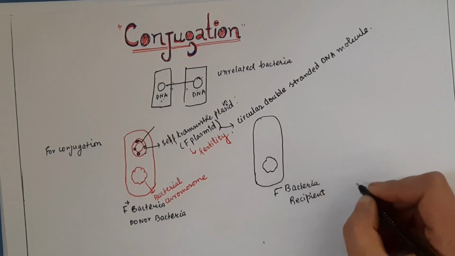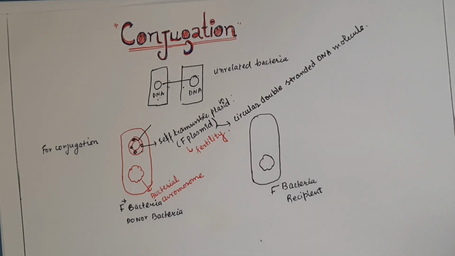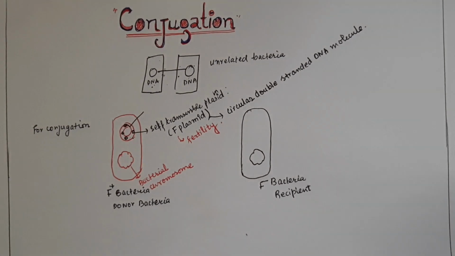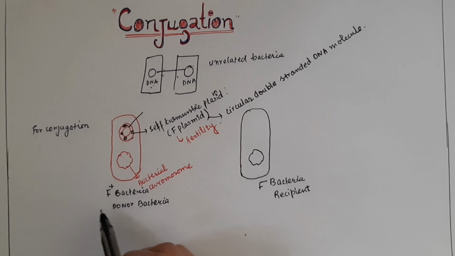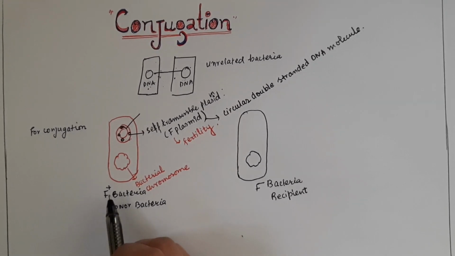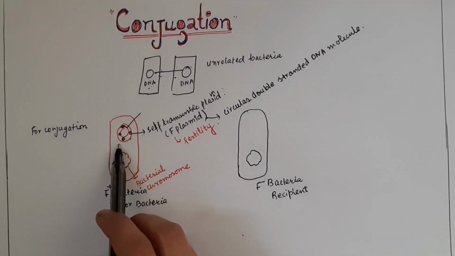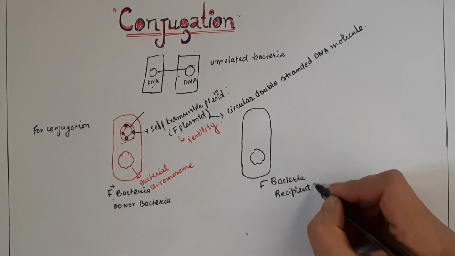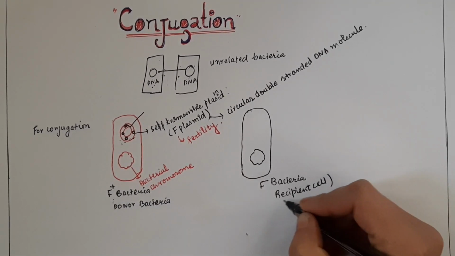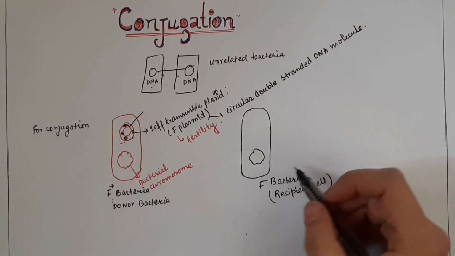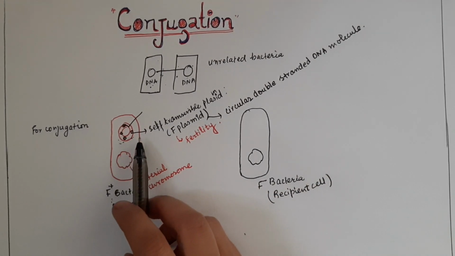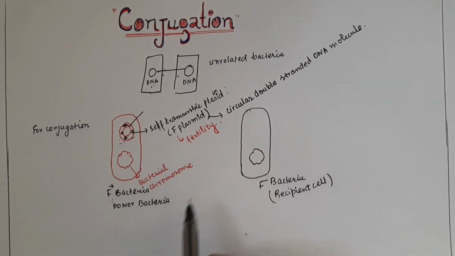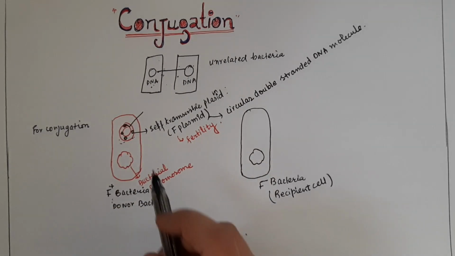So we have two types of bacteria between which conjugation can occur: those which possess the self-transmissible plasmid, and those which receive it.